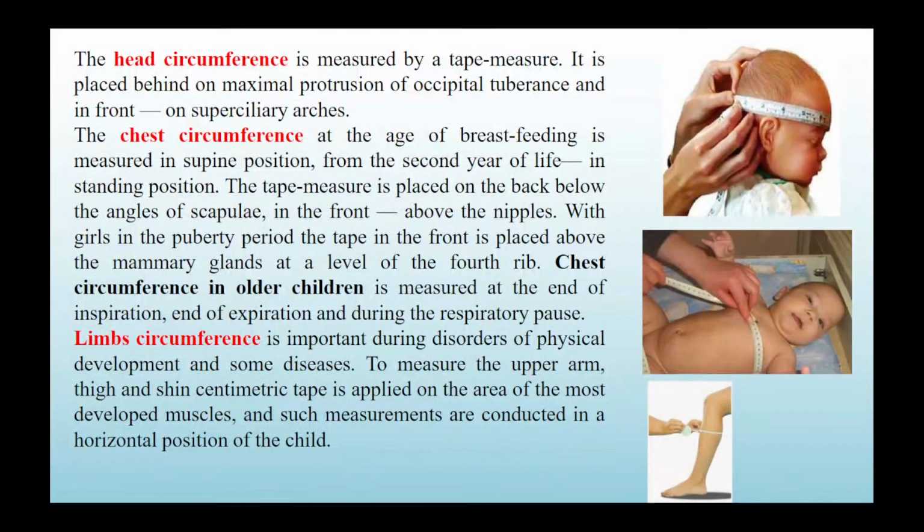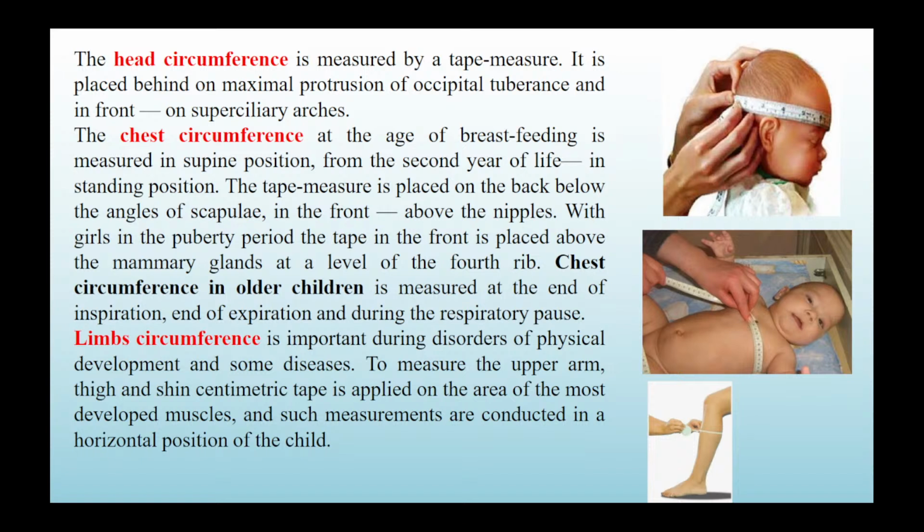The head circumference is measured by a tape measure. It is placed behind at the maximum protrusion of the occipital tuberosity and in front on the superciliary arch. You can see on the upper photo how it's done on babies.